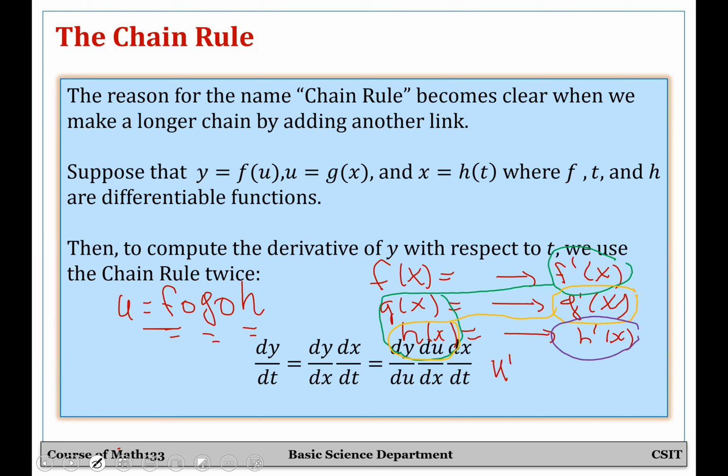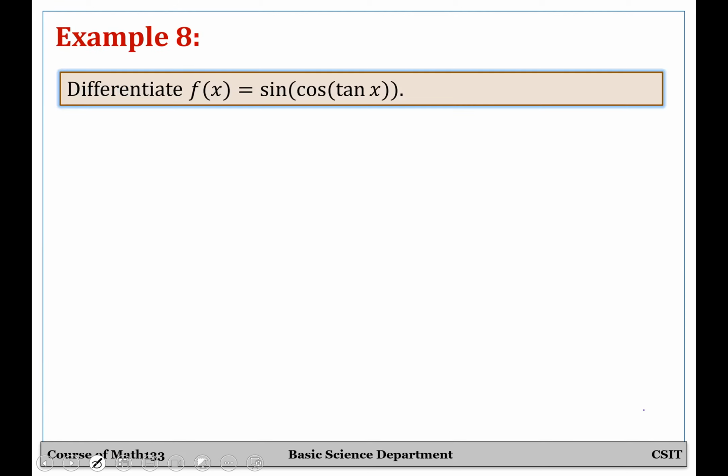Okay, so the u prime will be equal to f prime of g of h of x multiplied by g prime of h of x multiplied by h prime. That's the composition of 3 functions.